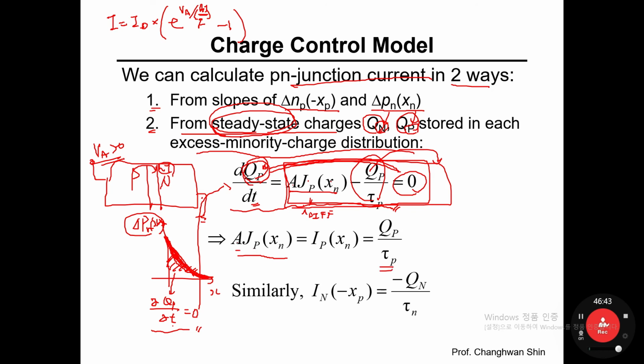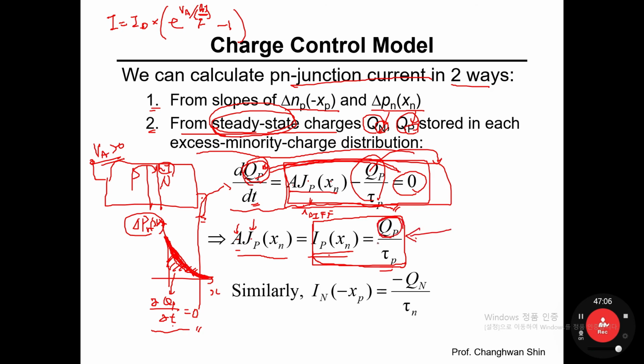Since this is a cross-sectional area times current density, if I multiply both of them, I get the whole current at the edge of the depletion layer xn. So we get this. Take a look at it and think about the physical meaning of this equation.